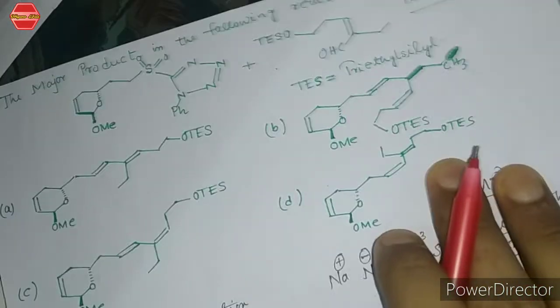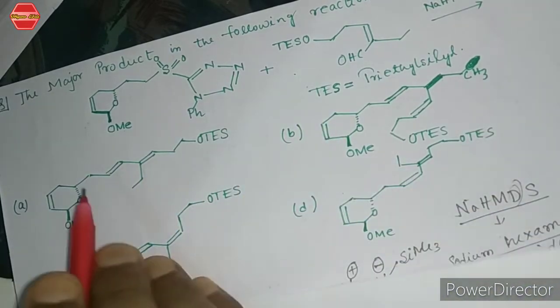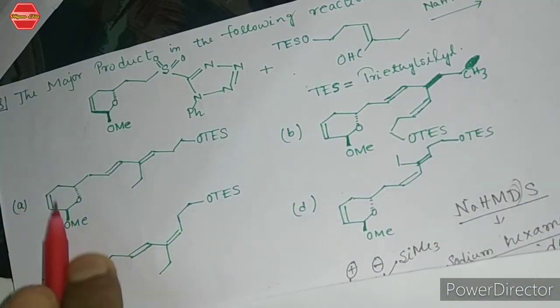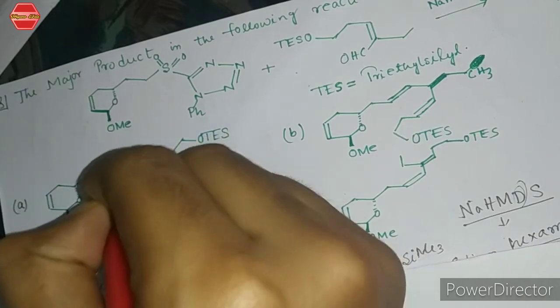Okay, now let's move on to the question and find your answer. Here is a formation of the E-alkene.